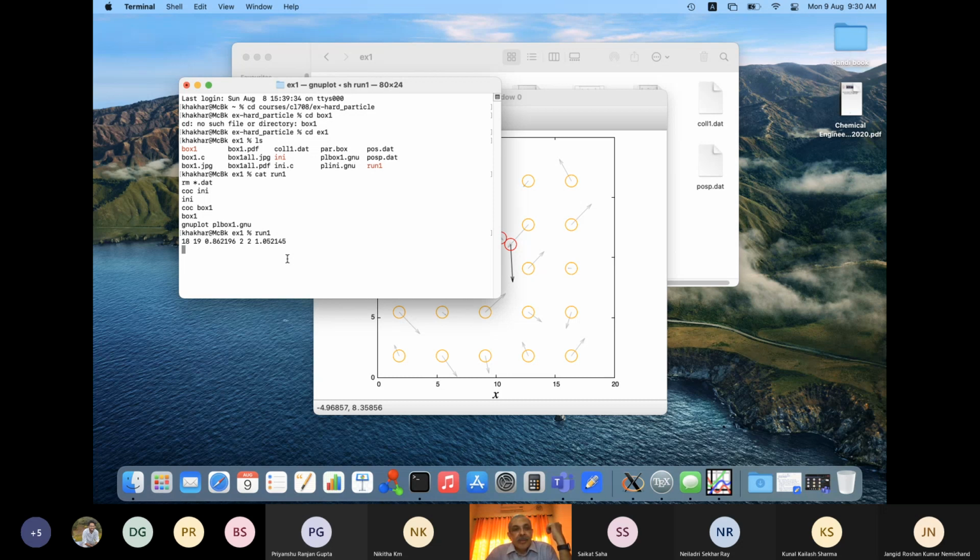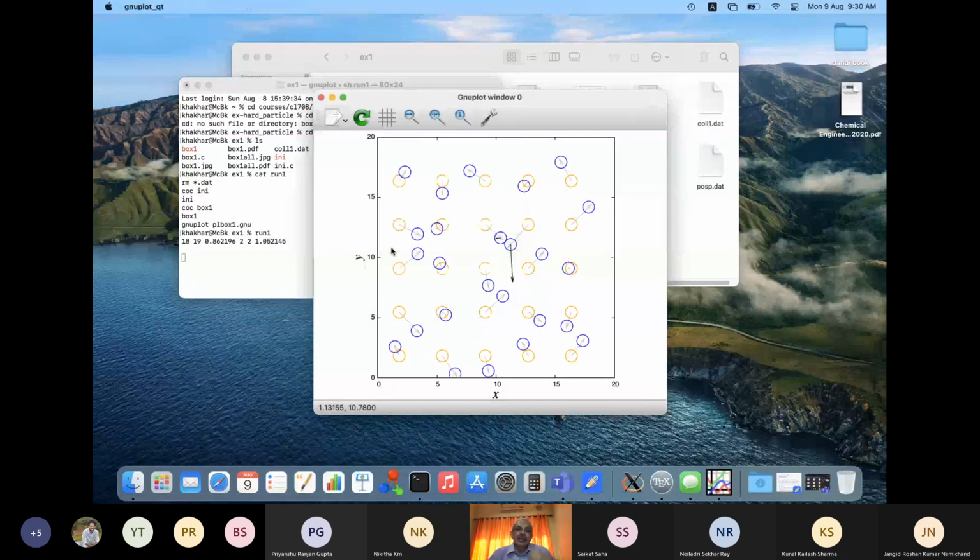So if we look at now what are the positions actually of all the particles, they will of course move. So the first step is calculating this. This is what we have calculated. Now let's move all the particles. These now are the orange, the initial positions, and blue is the position after time 0.86. So you can see this particle has gone there, this particle has gone there, this has gone there.